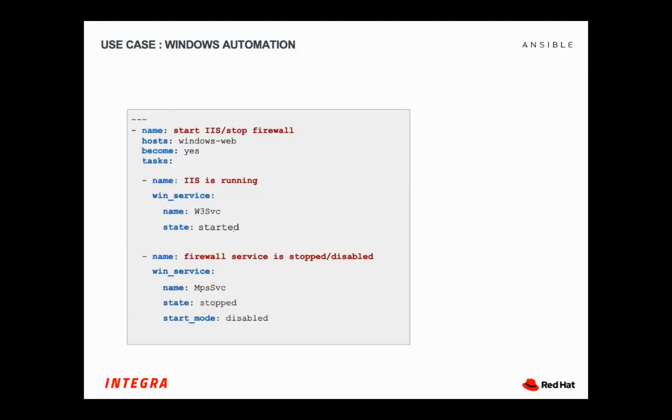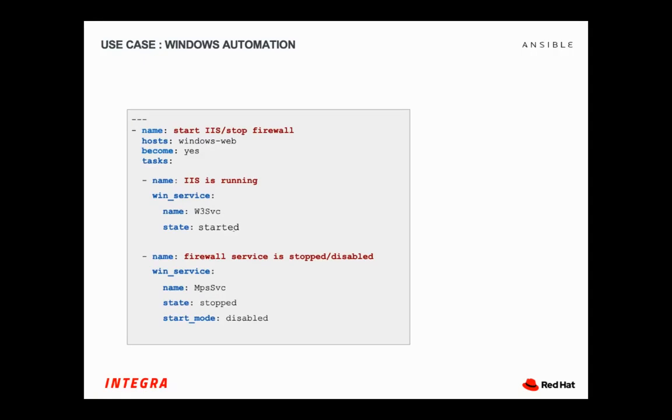As you can see here, this is an example playbook wherein we have IIS services to be started and the firewall to be disabled on the Windows host.